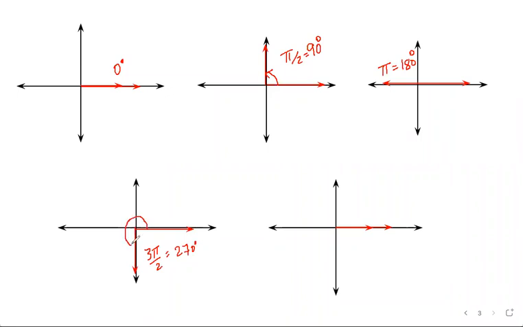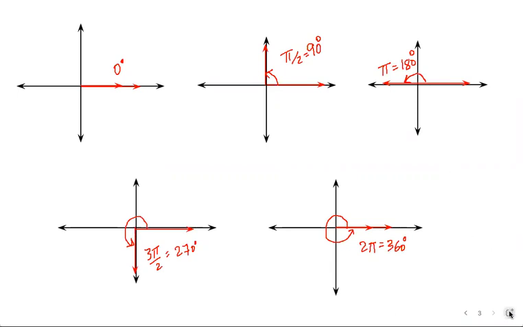Starting from here, like this, is 3 pi over 2, 270 degrees. Starting from here, like this, is 2 pi, 360 degrees. Okay, so this is what you have to know.